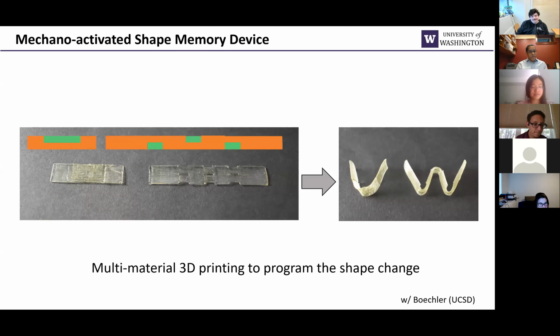But if you take each of these, you stretch them and you let them go, then the structure on the left will form a U, and the structure on the right will form a W. The cartoons here show the cross sections. Again, the orange regions undergo plastic deformation, and the green regions will have elastic recovery. So, in fact, the location of the green regions relative to the orange can control the direction of the shape changing.